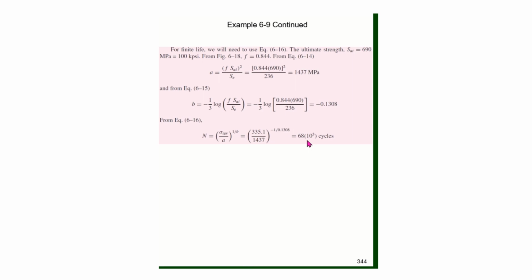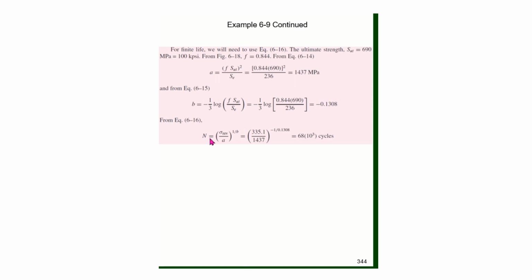So this concludes several examples on completely reversed loading. We are now going to jump into what happens with fluctuating loading. But to summarize completely reversed loading, make sure that you are familiar with this expression here, which is used to compute the number of cycles.